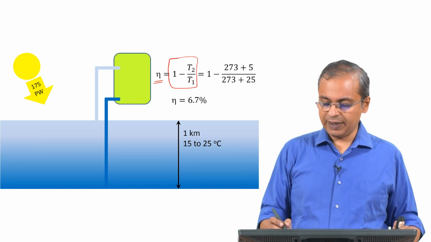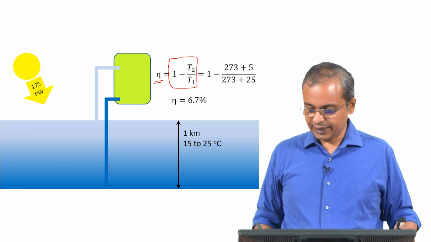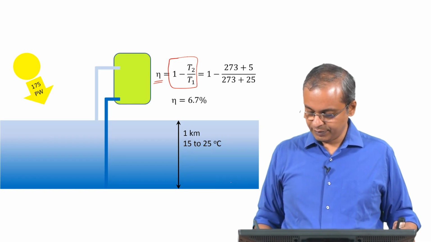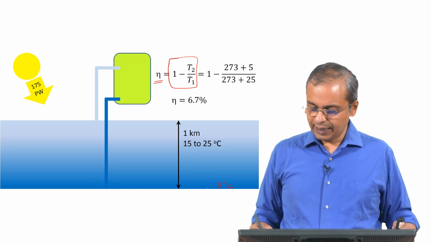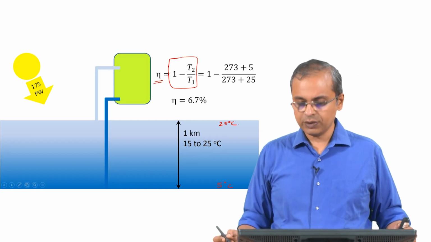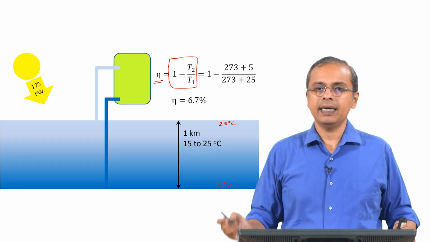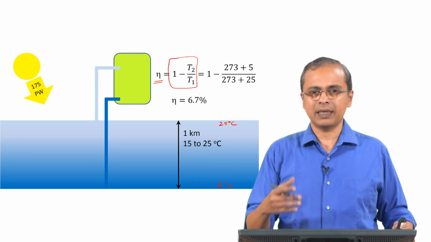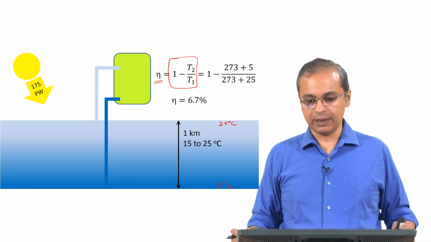Let us say it is 5 degrees centigrade below in the cold water, and 25 degrees centigrade on top. Those are roughly the numbers I mentioned to you.